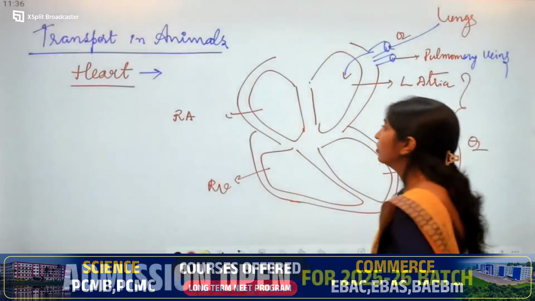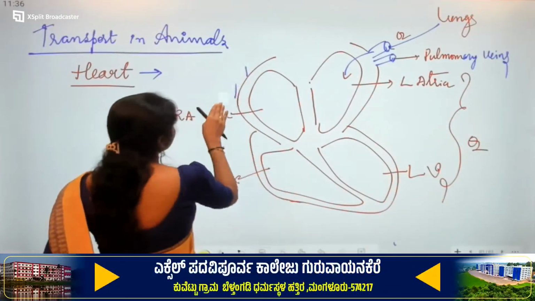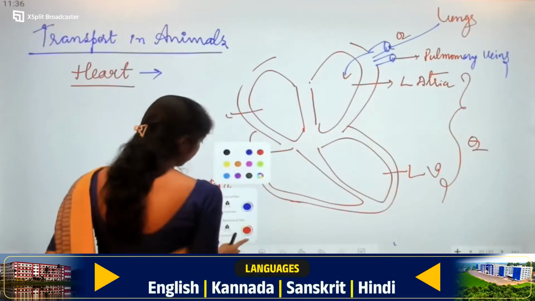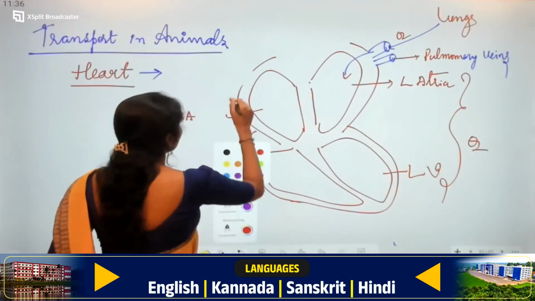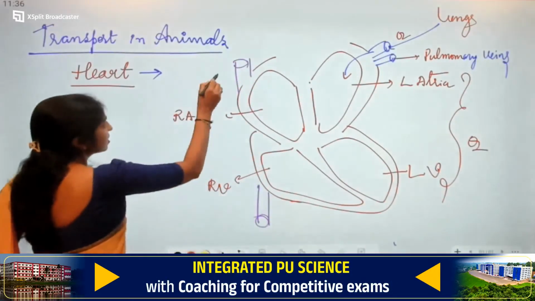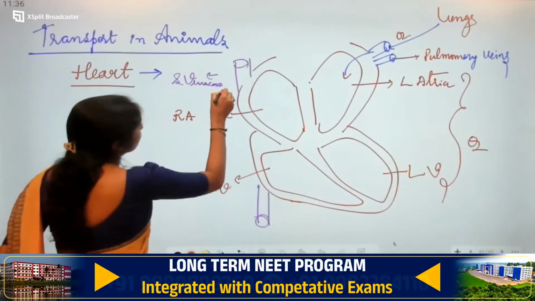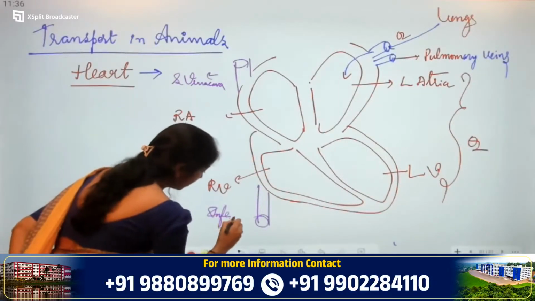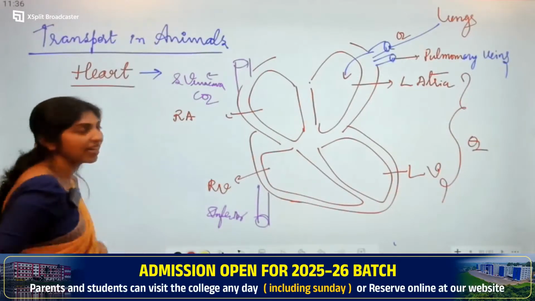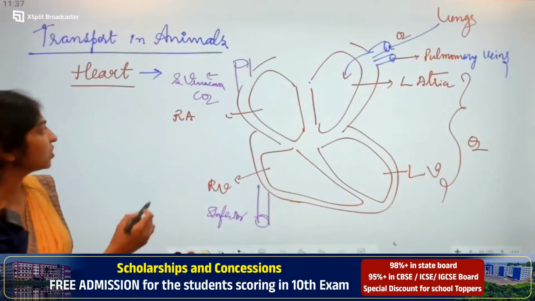Now we have the vena cava, the superior and the inferior vena cava. The superior vena cava carries deoxygenated blood from the upper part of the body to the right atria.